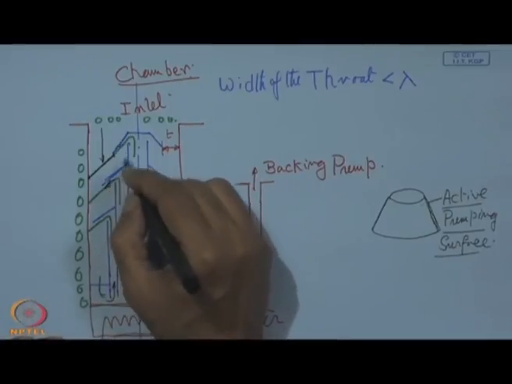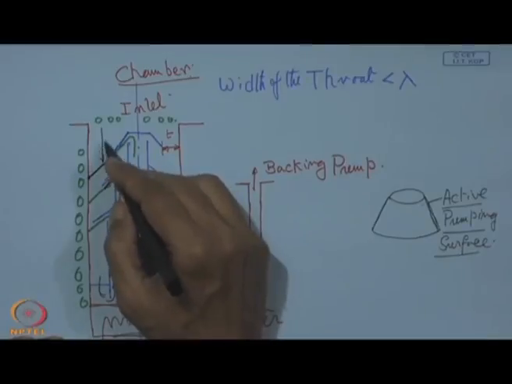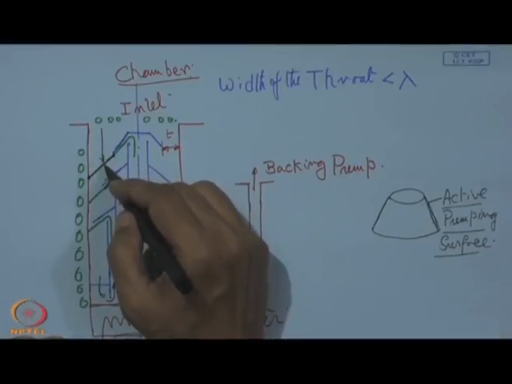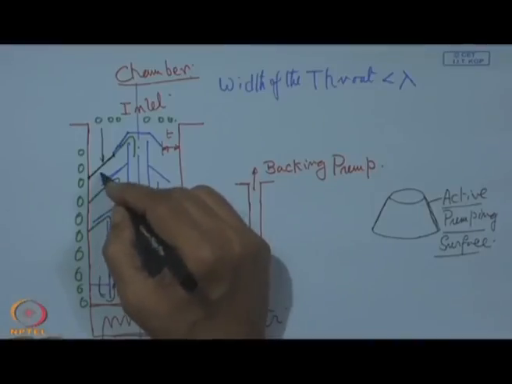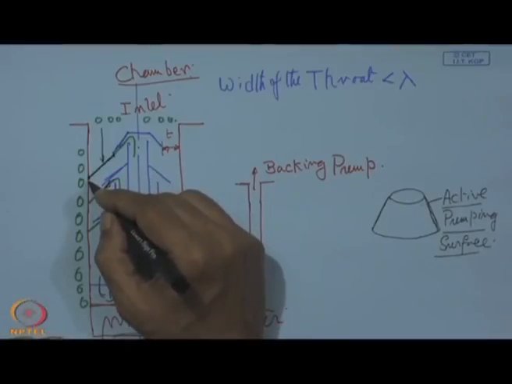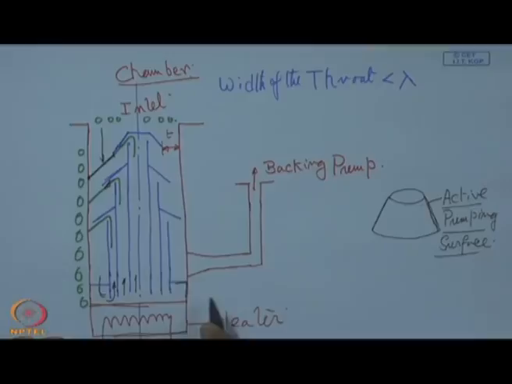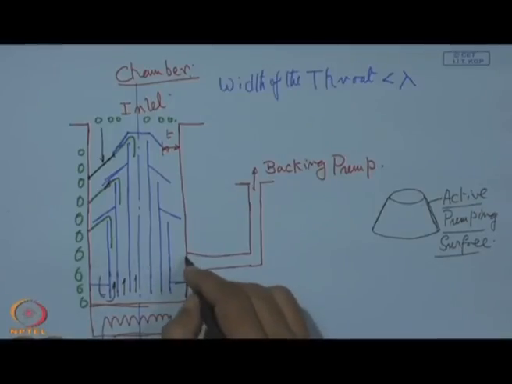Then there is the impingement of the gas molecule, the whole thing moves with this high velocity, and in the process it strikes the wall and gets condensed. The gas molecules which are separated are accumulated here.